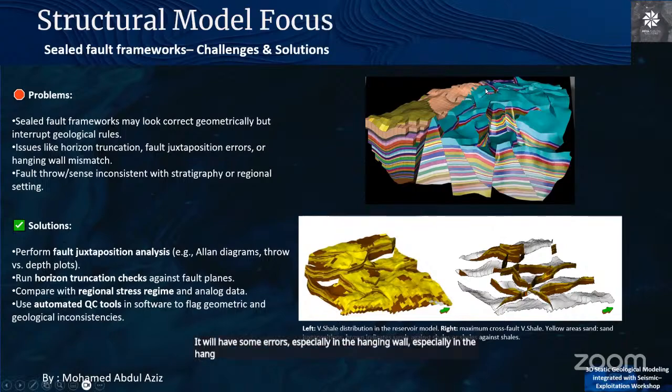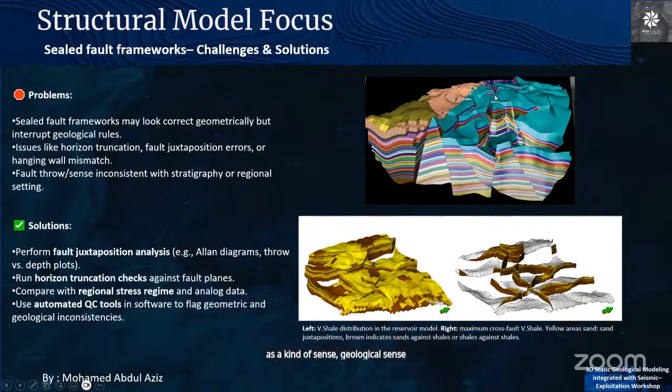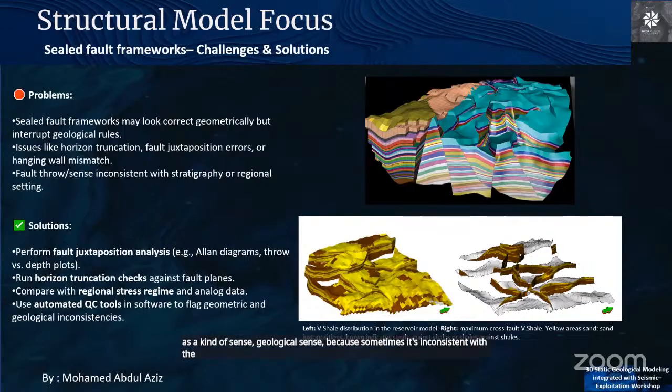Okay? And you also need to check the fault throw for geological sense, because sometimes it's inconsistent with the stratigraphy or regional settings. So you have to check this. In the solution, we have to make a fault juxtaposition analysis.